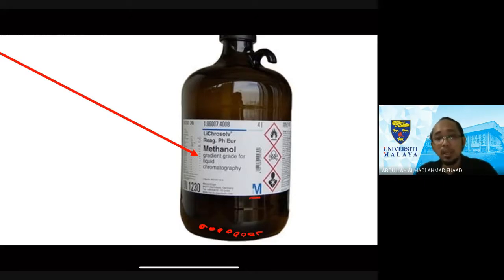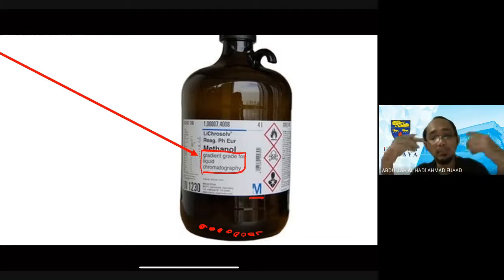Merck has different grades of solvent. If you are working in an analytical industry, or your company is an analytical company that does a lot of analysis using HPLC, then you need to make sure that if you purchase it, you look at that keyword. Normally just below the name of the chemical itself, there's a short description about it.